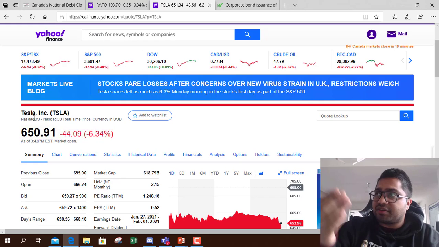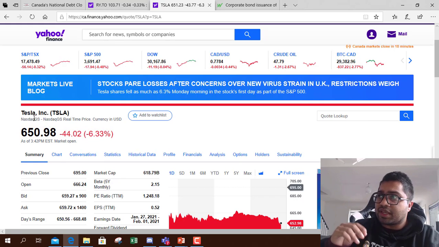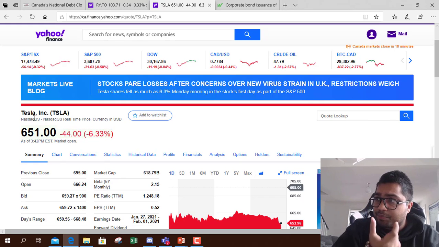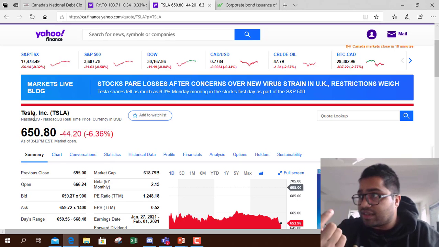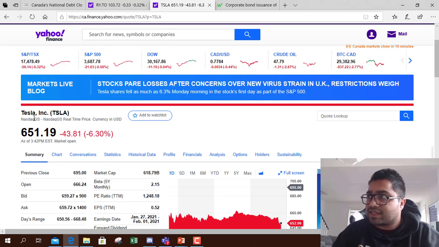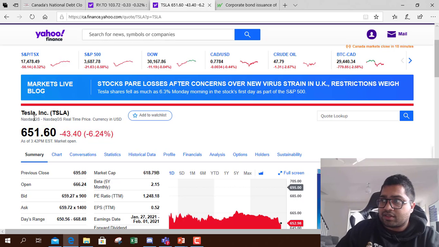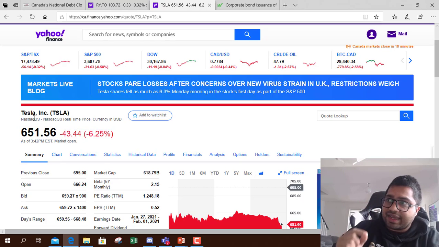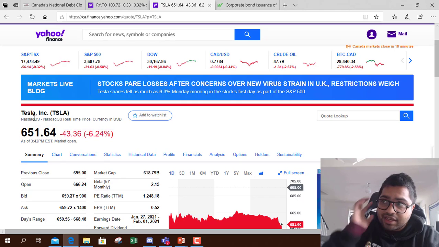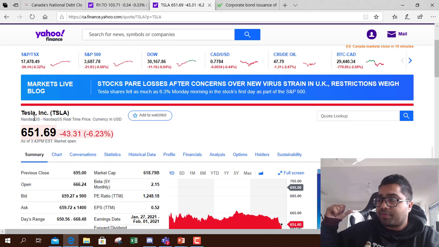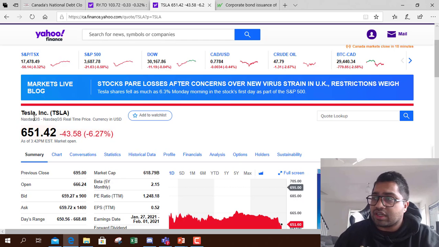You are not buying from Tesla, the company. You are buying it from some other investor who has already bought Tesla from the company. So whenever you buy and sell stocks on exchanges in the secondary market, you are not giving your money to the company. The company gets money when they do public offerings.